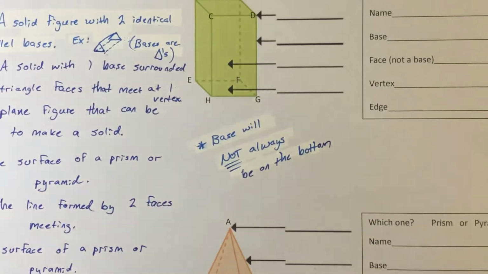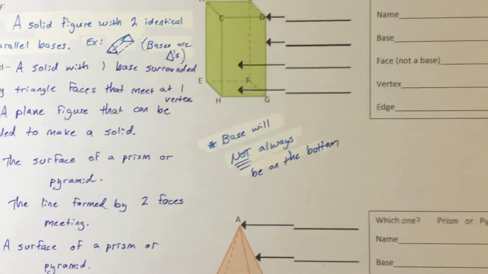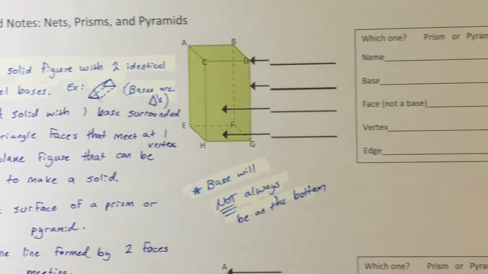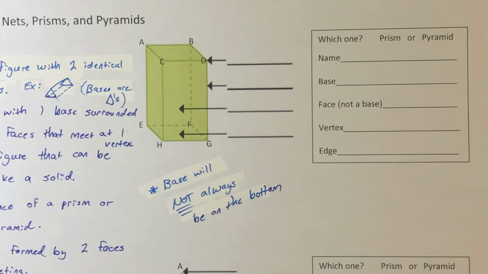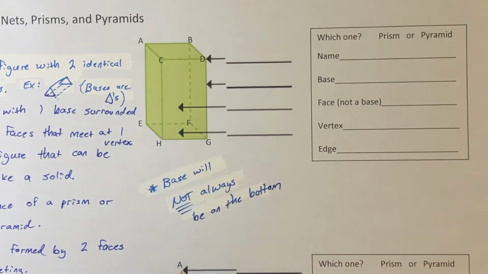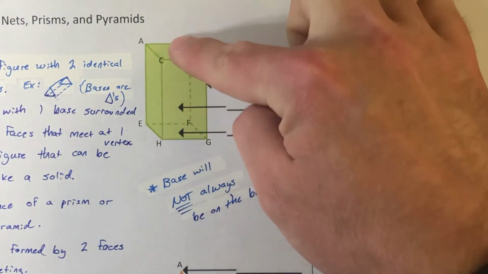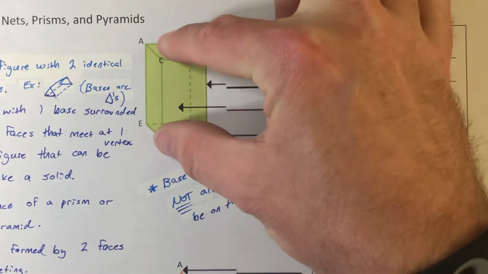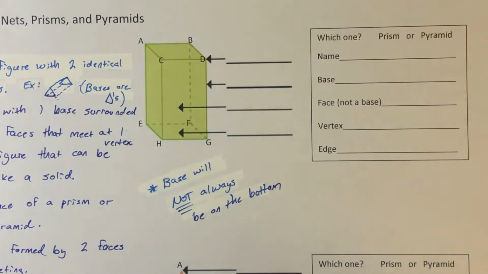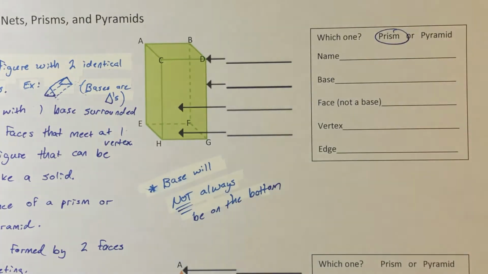Okay, we're going to do a couple examples of naming and identifying a couple prisms and pyramids. Our first one, we've got this prism right here. Why is it a prism? Because I see two identical parallel shapes. In other words, it's going to have two bases. So this is a prism, not a pyramid.